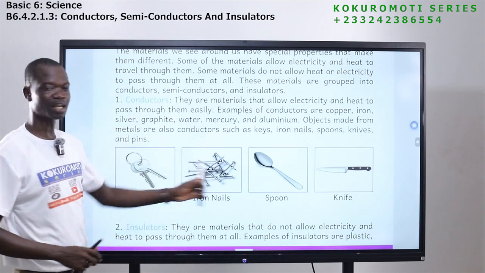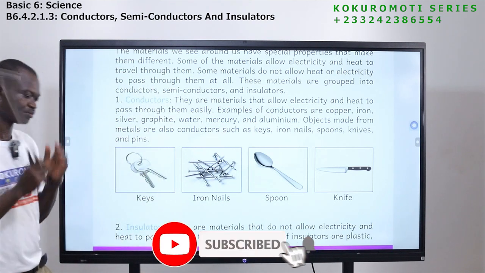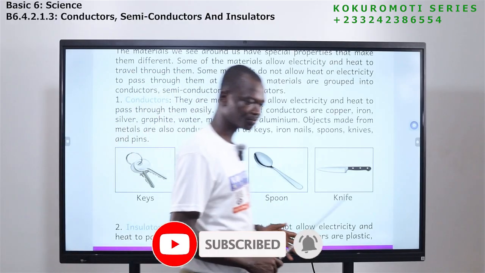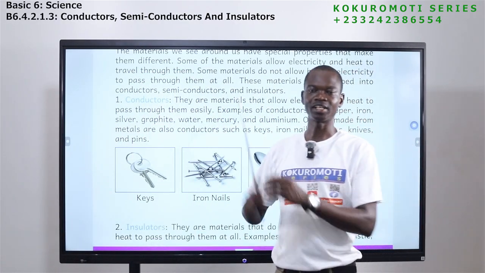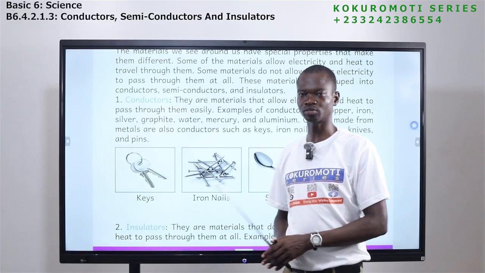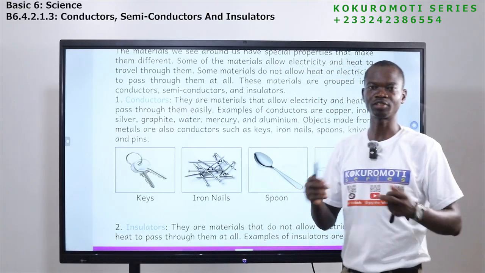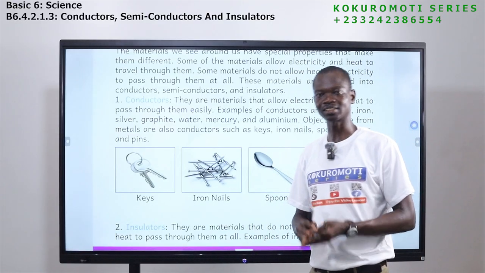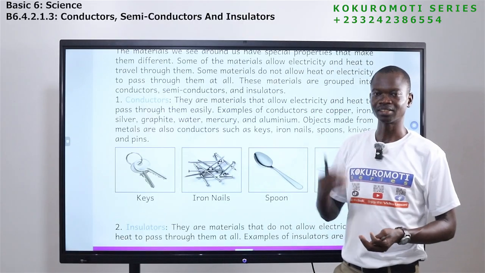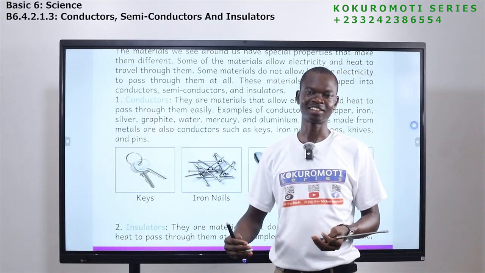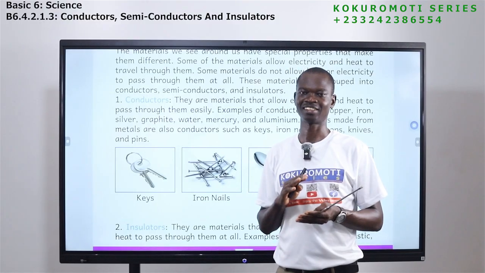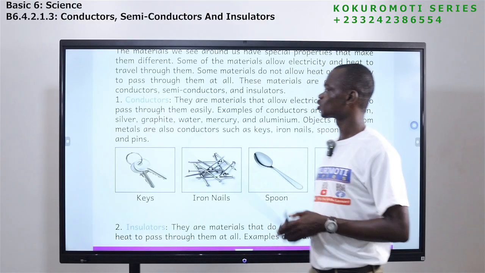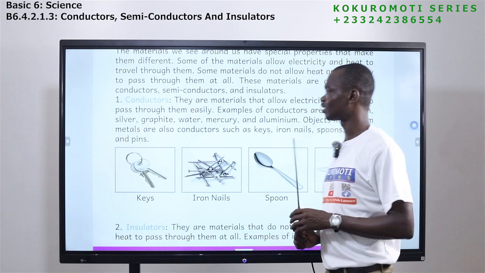So these are examples of conductors, materials that allow electricity and heat to pass through them. If you are asked to define what a conductor is: a material that allows heat and electricity to pass through them easily. Okay, so that is what a conductor is.